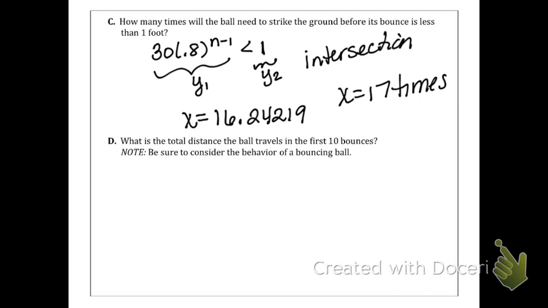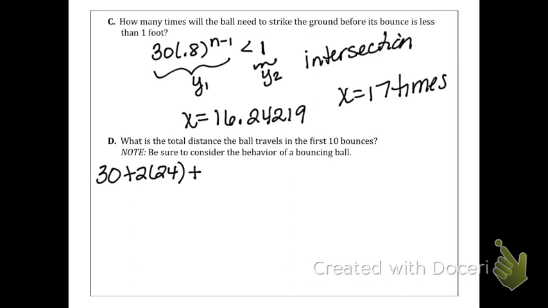D says, what is the total distance the ball travels in the first 10 bounces? Note, be sure to consider the behavior of the bouncing ball. So it's dropped from up high. So it's going to go down that 30. And then it's going to go up 24, and it's going to come down that 24, okay? So it's 2 times the 24, looking at my table.